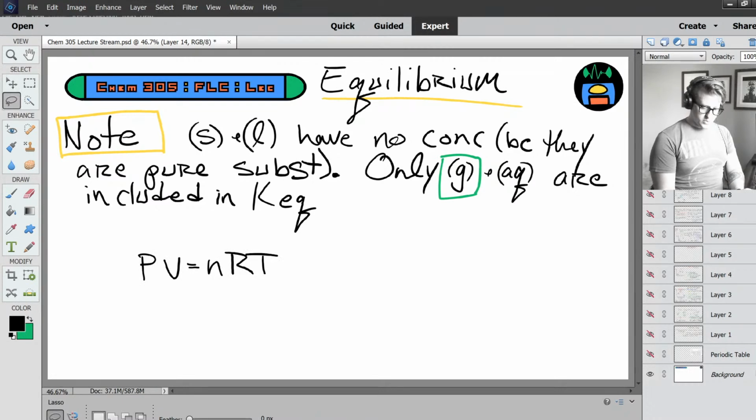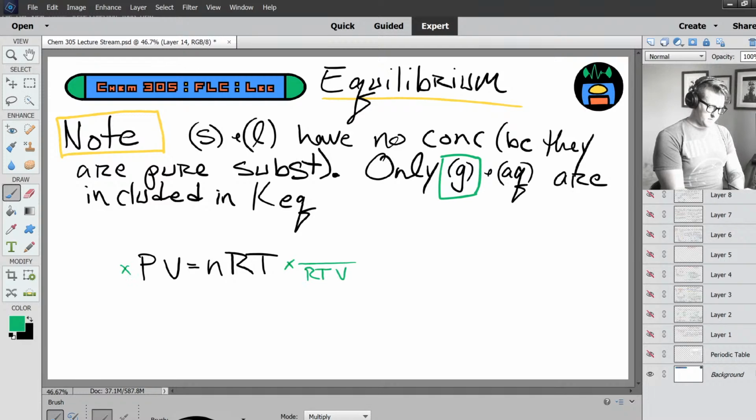I am going to multiply both sides by RTV. Multiply both sides by RTV. Well, volume cancels on this side.